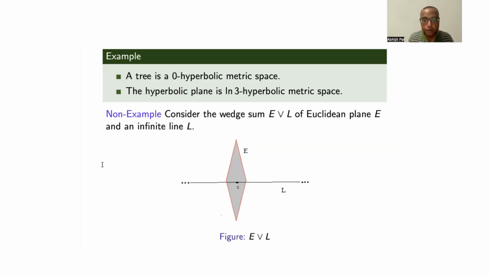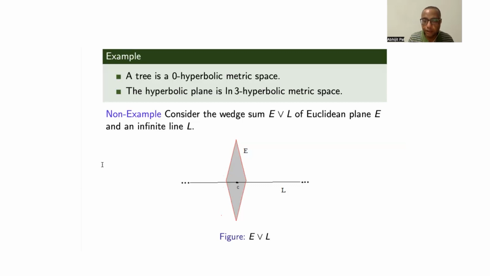And what is a non-example? If I take the Euclidean plane, obviously it is not a hyperbolic metric space. The triangles are not slim there. In fact, you can build many spaces from the Euclidean plane which are not hyperbolic.